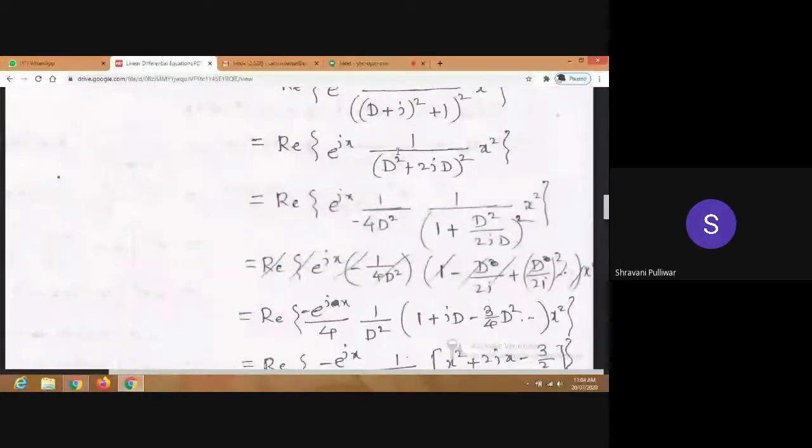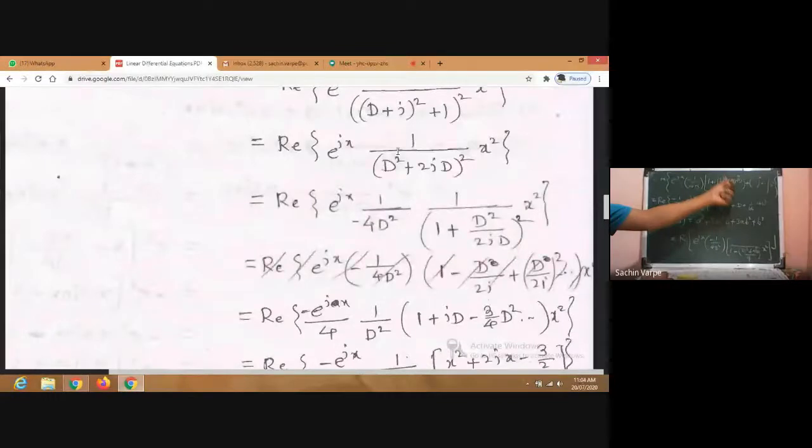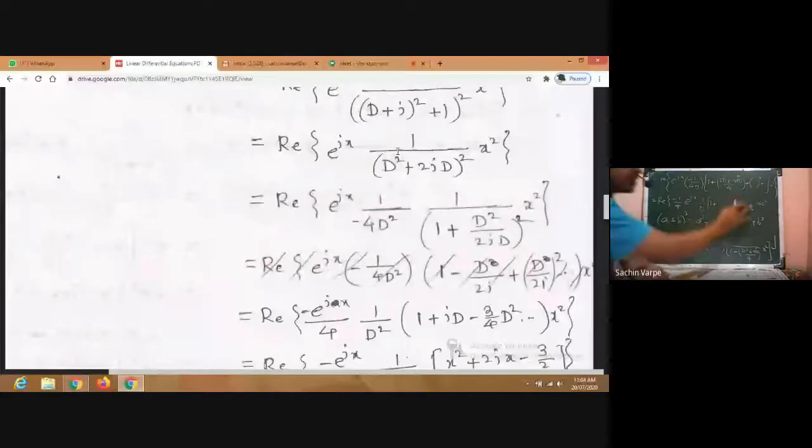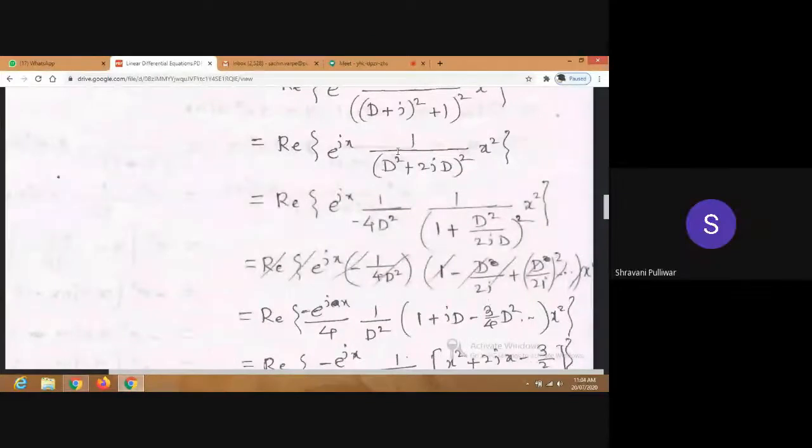Is it correct now? Yes, sir. Okay. Now when we expand this, the first will be neglected, then the second also neglected, and the third will be 4i square d square. So that will be minus, right? So only the minus sign. Is that correct now? Please check. Yes, sir. Okay, fine.